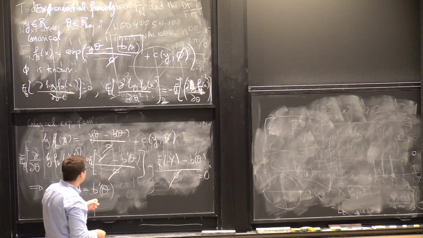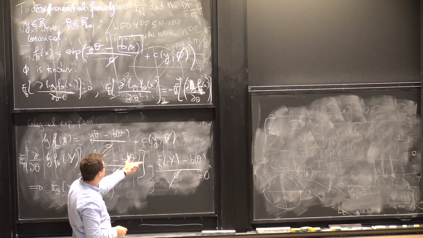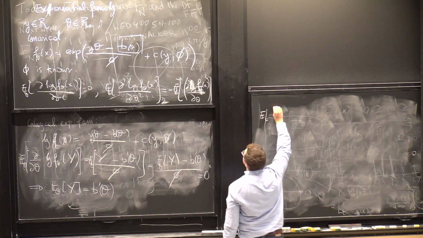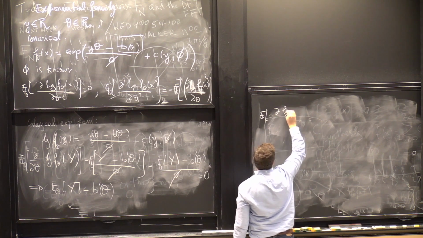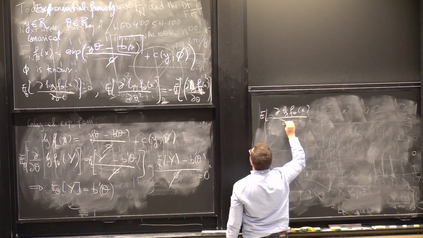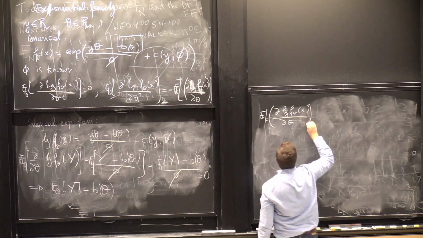It's just the expectation of the square of this thing here. So the expectation of the derivative with respect to theta of log f theta of y, divided by partial theta, squared.